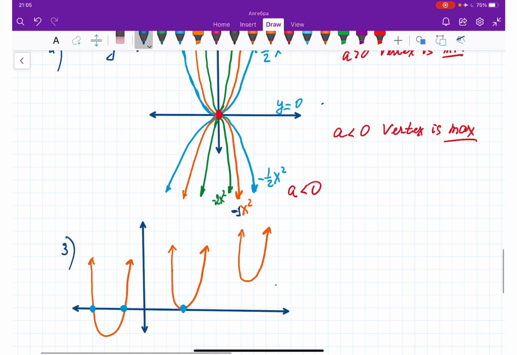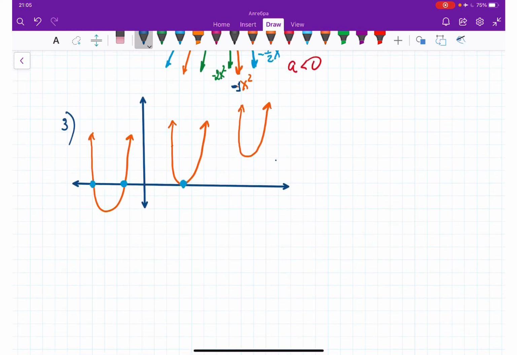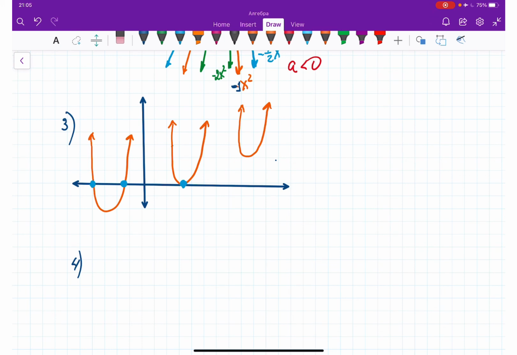Next, since we can have a y-intercept, let's say my graph is going like this. It has a y-intercept here.